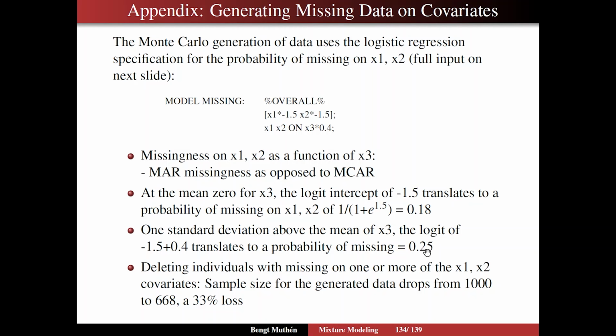So you have a range of missing data probabilities across the range of x3, x3 being a continuous normal variable. Now, deleting individuals with missing on one or more of the x1, x2 covariates, which is listwise deletion, creates a sample size loss of 33%, which we saw earlier.